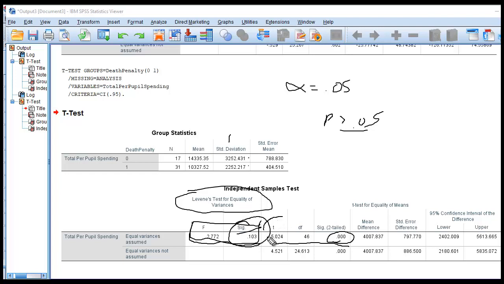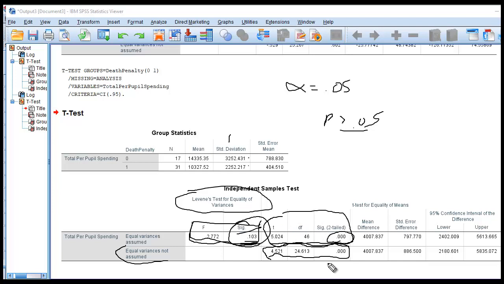That leads us to feel more confident that we have accurate test results for our t-test. If this significance level had been, say, less than or equal to 0.05, then that would lead us to have some concerns about whether or not we could trust our original t-test. Instead, rather than relying on the standard parametric t-test, we can go down to this next row where it says equal variances not assumed. This is also a t-test, but it does not make the same requirement as the standard parametric t-test.